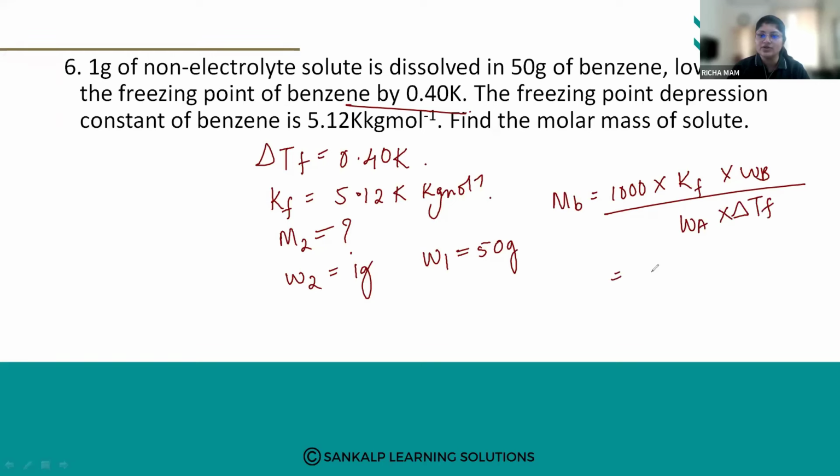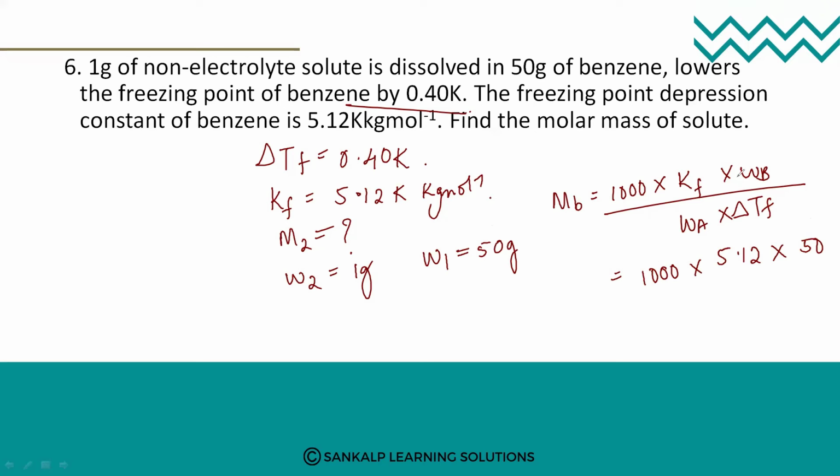So put the values: 1000 into KF is 5.12 into WB is 1.